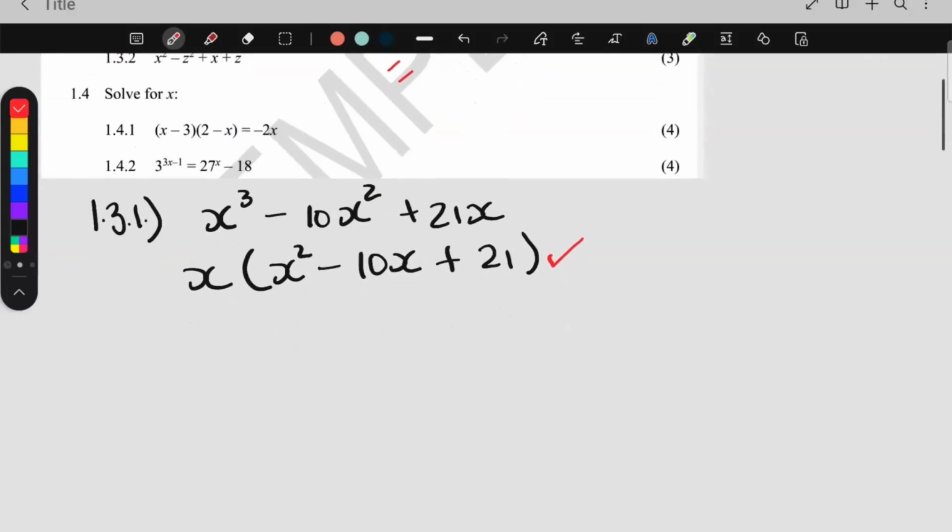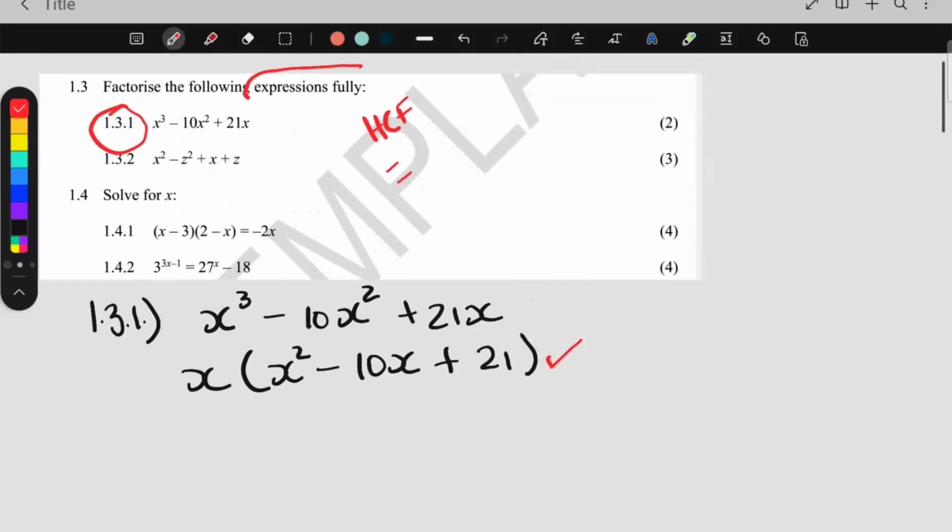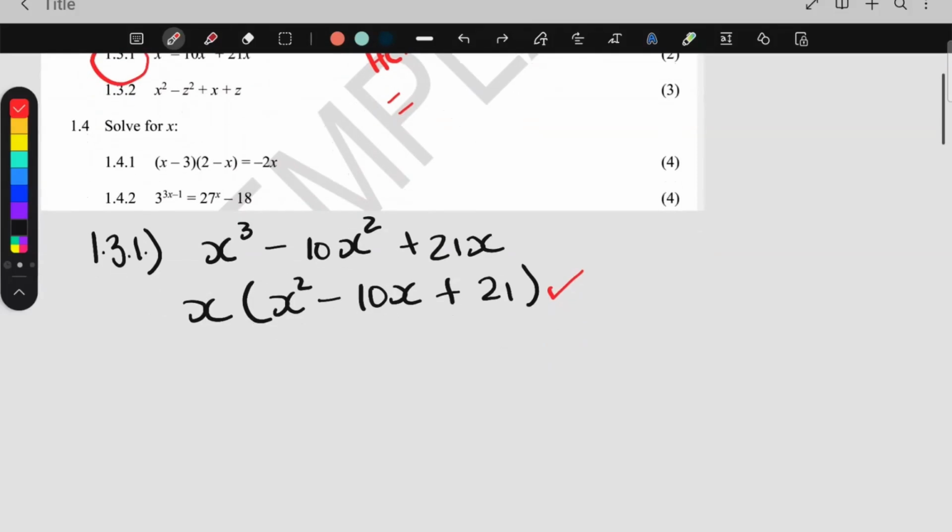Okay? Then it said factorize fully. So I must always ask myself, can I go further? We can go further because this is a trinomial. So I'm going to go further. I leave this x. This becomes 2 brackets now because it's a trinomial. X squared is x times x.